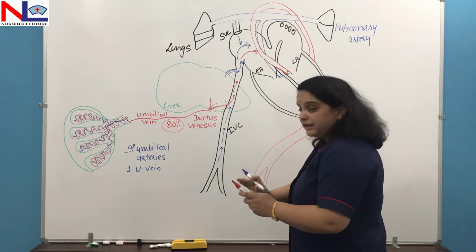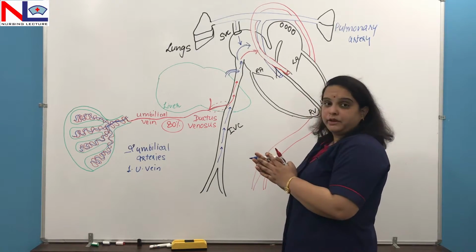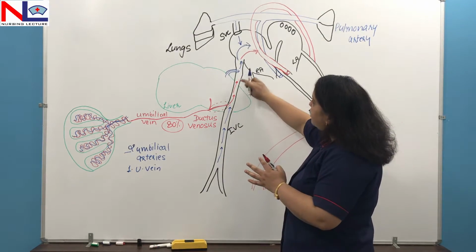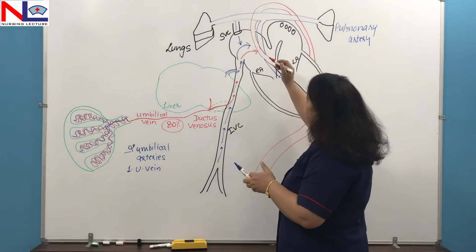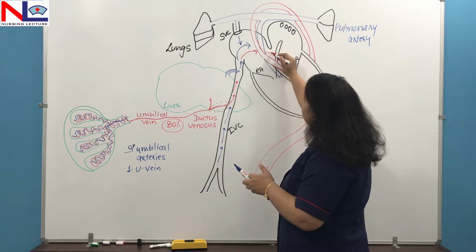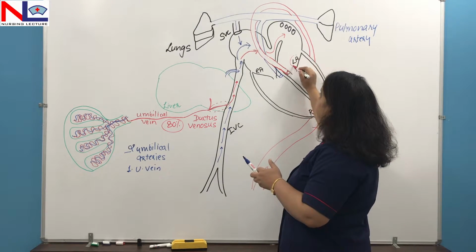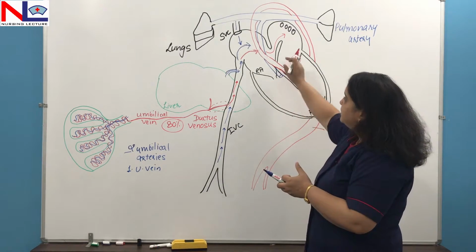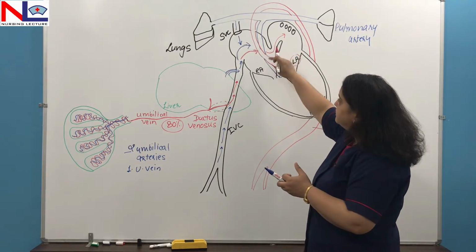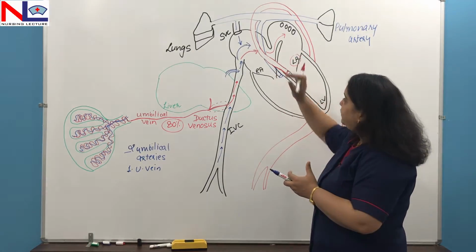Okay, but because of this flow dynamic, the majority of the oxygenated blood directly flows into the left atrium.